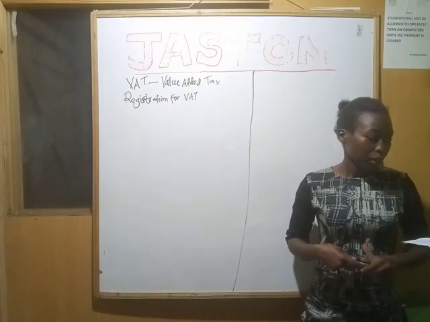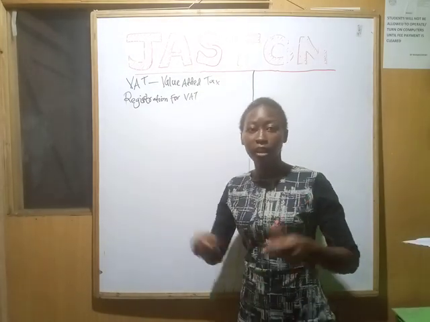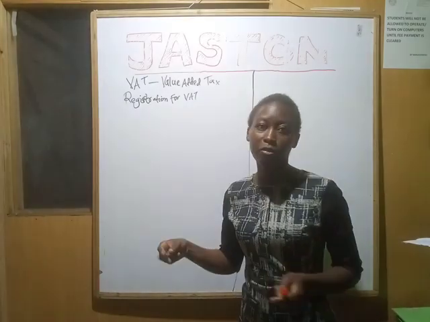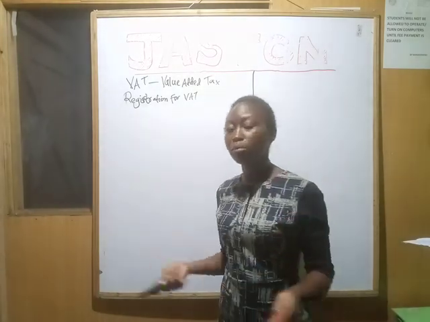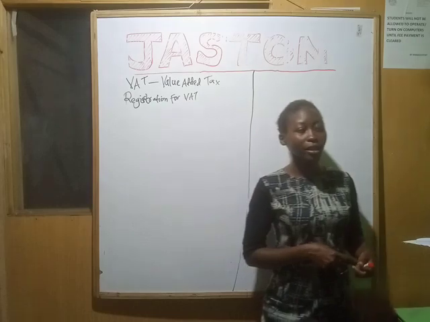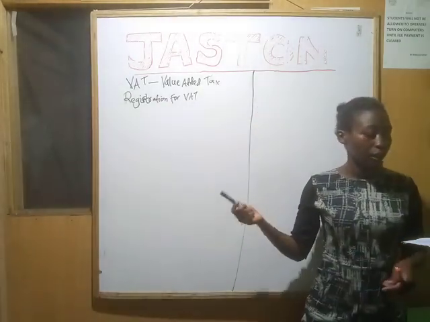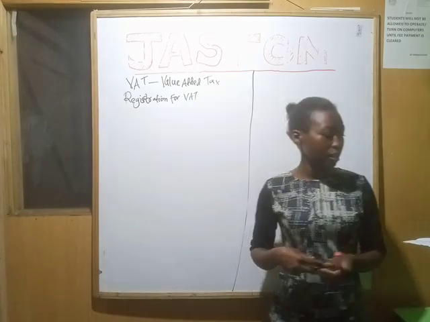Now we have the VAT account, which is used to prepare the value added tax on the input side and the value added tax on the output side. Now we will have our formulas.